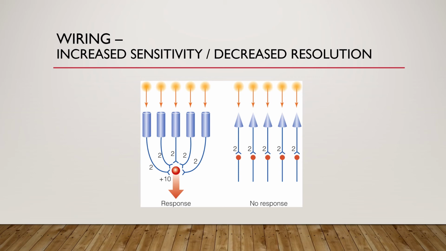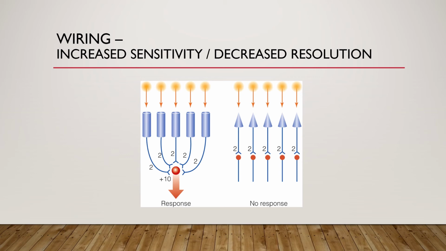So we have these 5 lights that are out in the world that are hitting those 5 rods in the left-hand picture. Let's just say each of those rods, with this light level, is sending on 2 units of activation. It's a little bit made up of how this happens, but the electrical circuitry works the way that the eyes work.